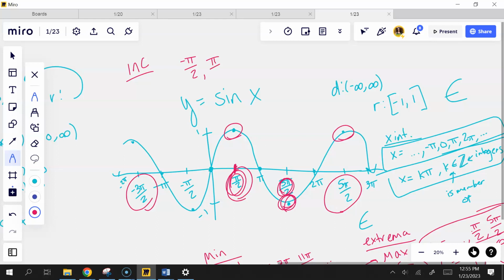Look, from here to here is increasing. But that's not the only place it's increasing. Give me the next increasing interval. 3 pi, that's right.